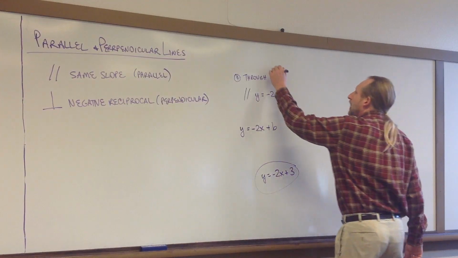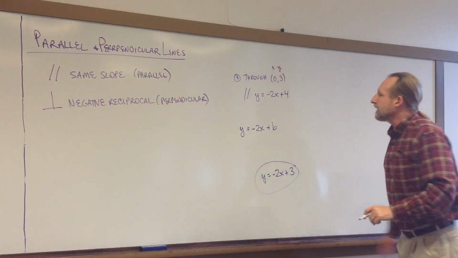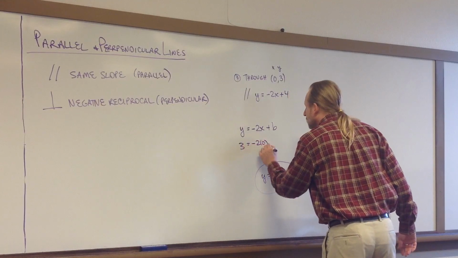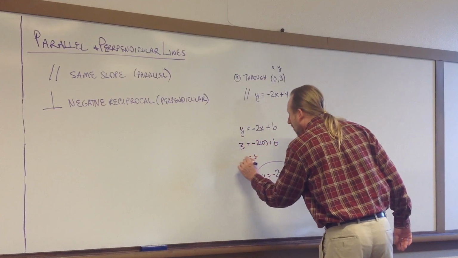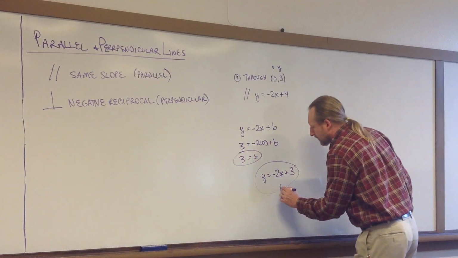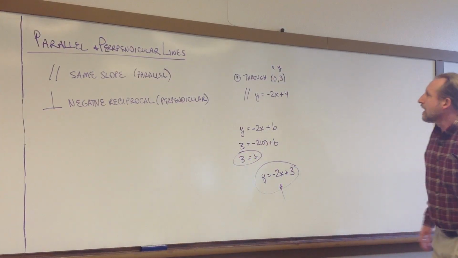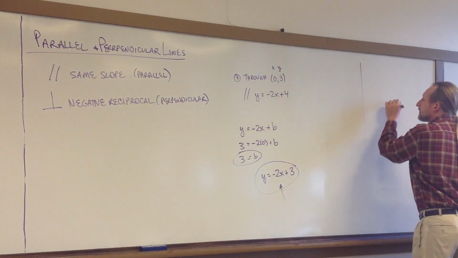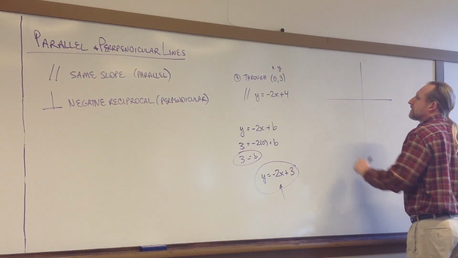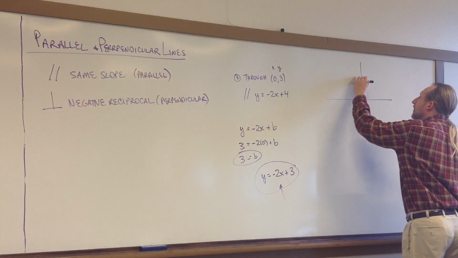In problems where we don't have the y-intercept, you can plug in the x and y values and then solve for the value of b. This is the answer that we're interested in right here. Now again, just to give you an idea of what this looks like graphically, here's our original line, y equals -2x plus 4.